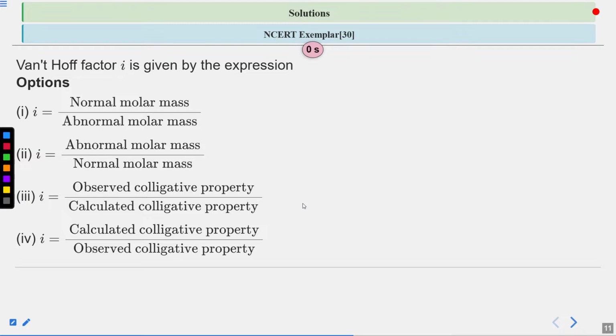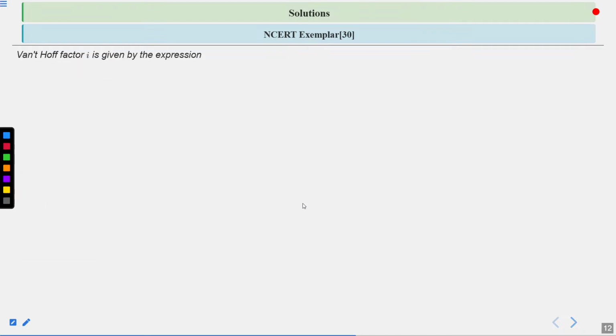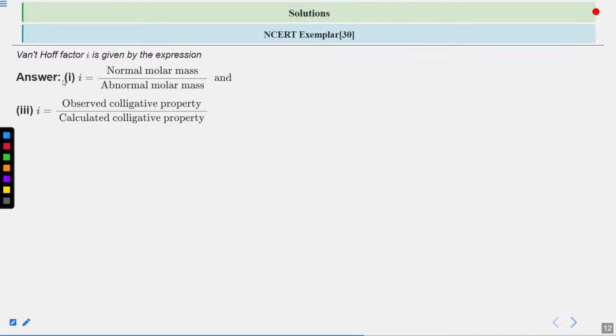Okay, now let's see. For this given question, the correct answer is options first and third: i is equal to normal molar mass divided by abnormal molar mass, and i is equal to observed colligative property upon calculated colligative property.